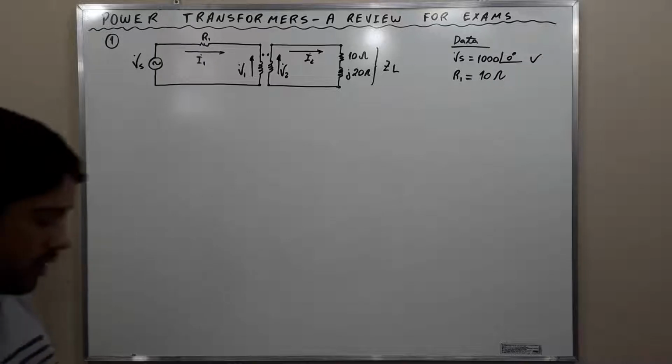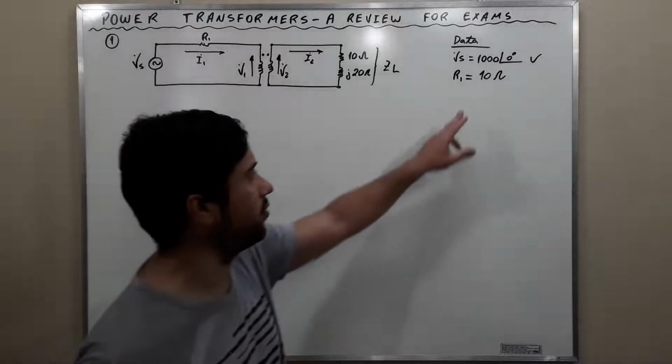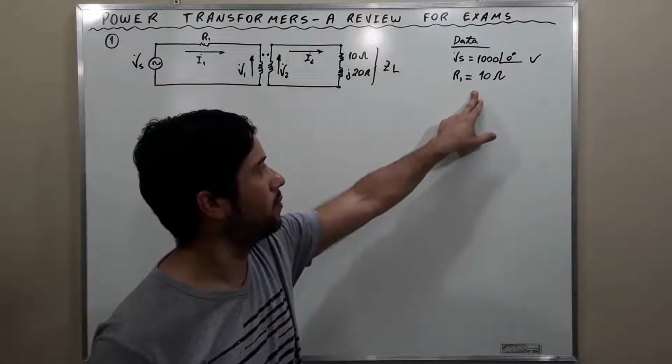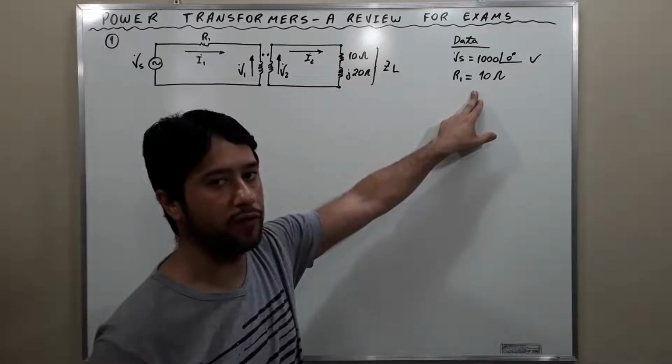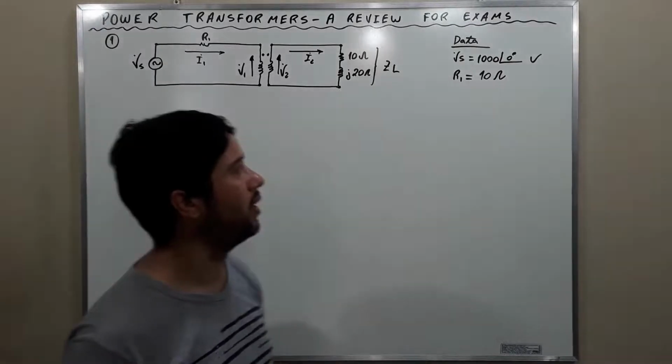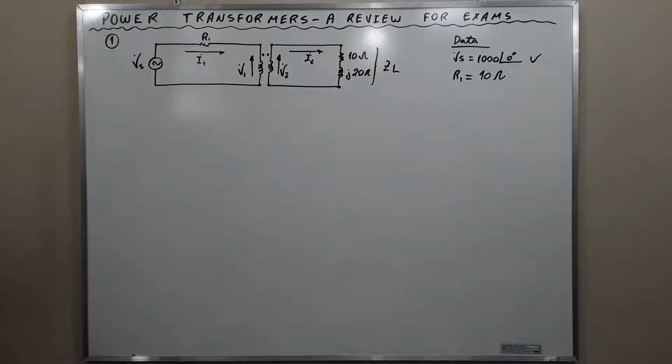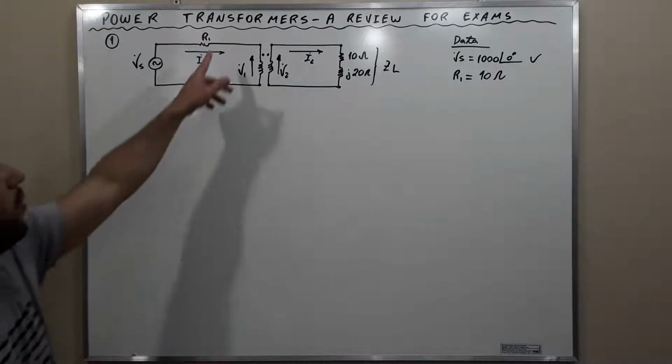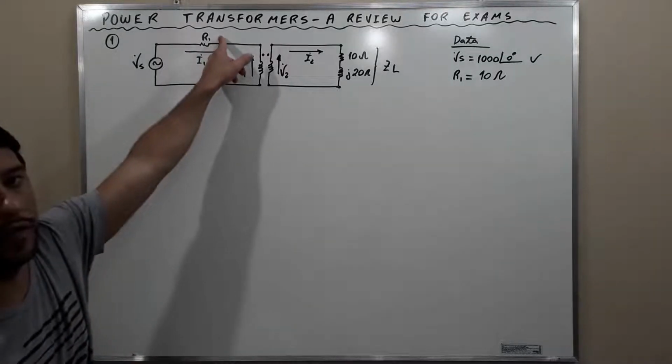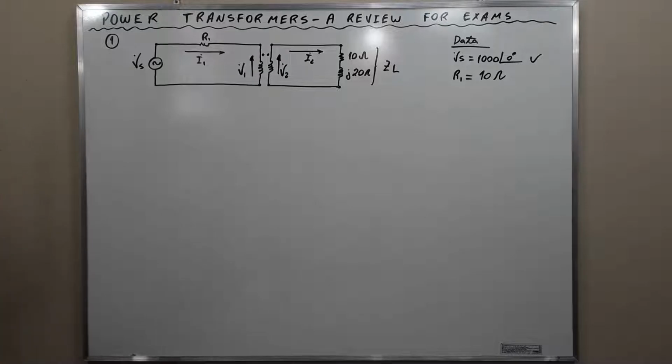The exercise provided this information. It said that the voltage of the power supply is 1000 volts and the resistance of the cable is 10 ohms, alright? With this data we can calculate everything.